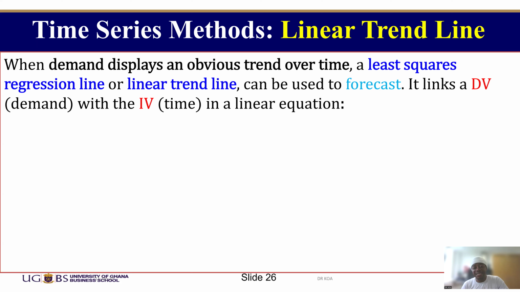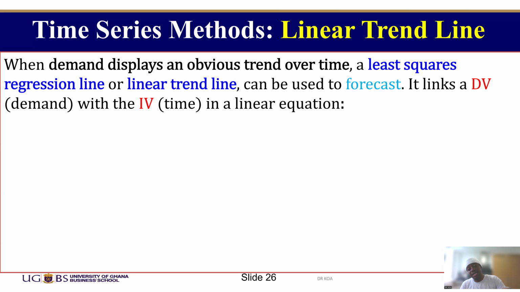And when demand displays that kind of obvious trend over time, you can use an ordinary least squares regression. The regression line is sometimes called a linear trend line. You can use that to do the forecasting.